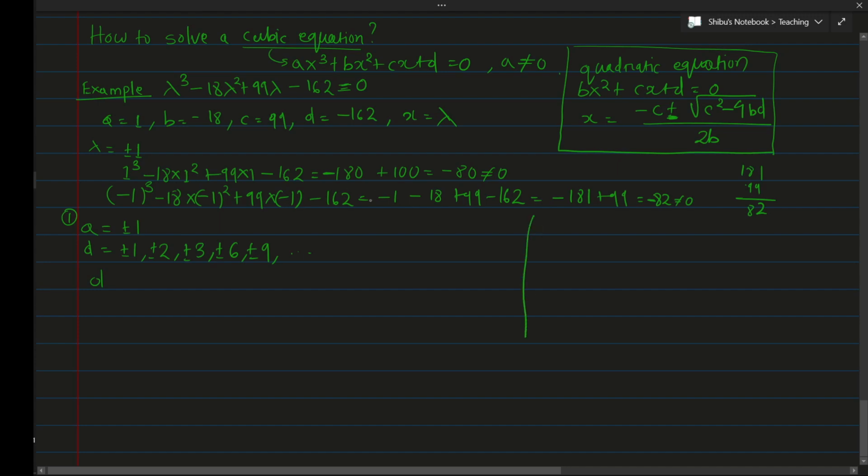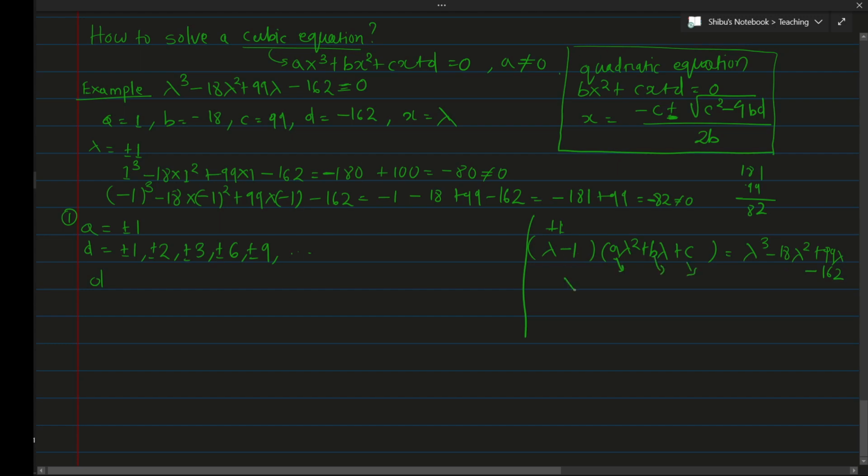Let's say +1 is a root of this equation, then what we'll do is we'll multiply (λ - 1) with some aλ² + bλ + c, and we'll equate it with -18λ² + 99λ - 162, and here we'll get the values of a, b, and c.